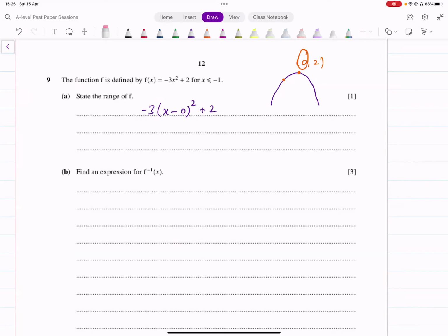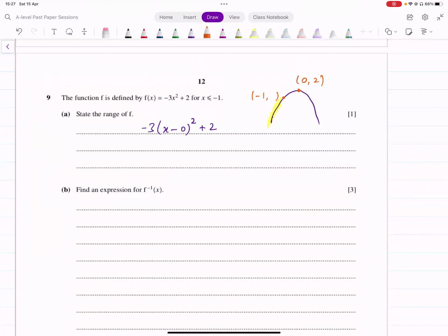Maybe this point is -1. इसके corresponding y value हम देखते हैं. आपका जो valid part है function का वो सिर्फ इतना वाला part है. So अगर horizontally देखें, this is 0, this is -1. तो हम सिर्फ -1 से left वाला part देख रहे हैं.